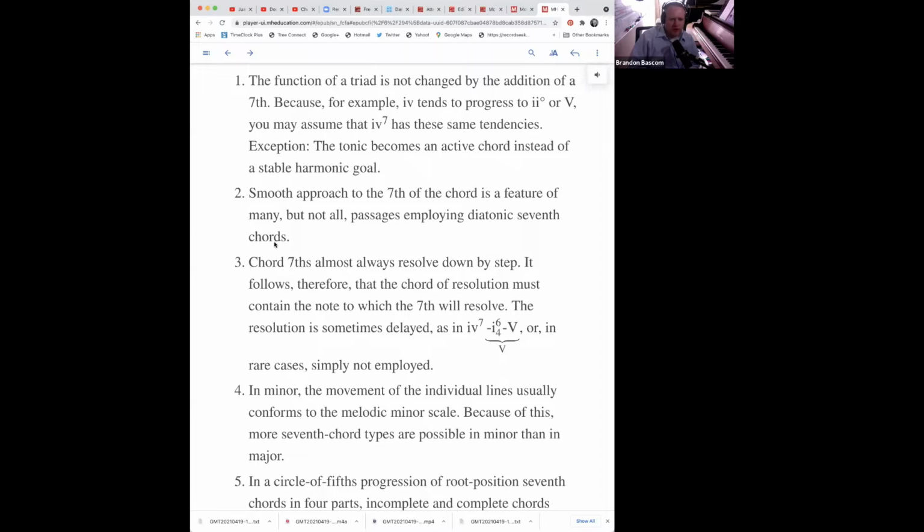All right, that was fun. All right. Accidentals, that makes it fun too, huh?